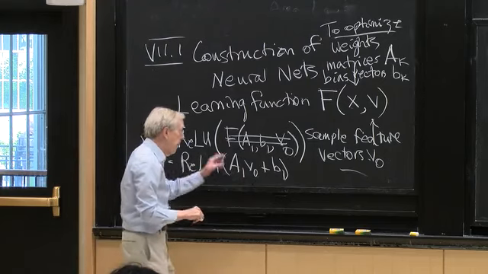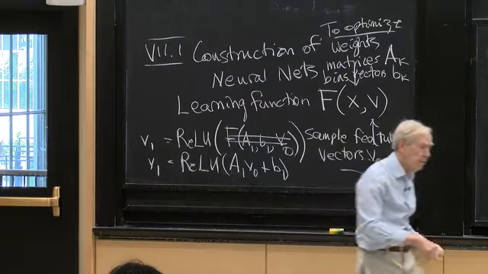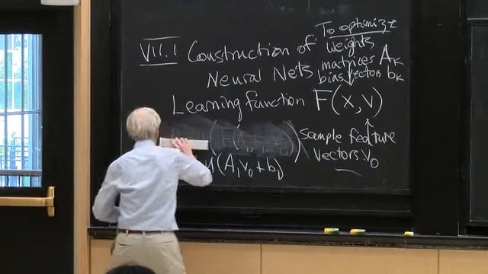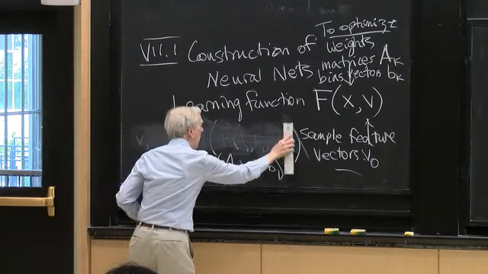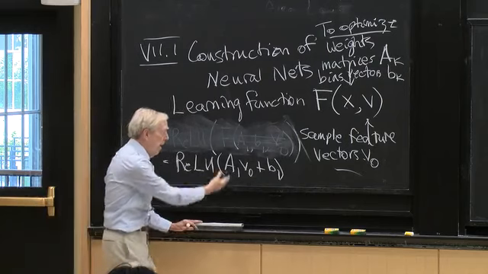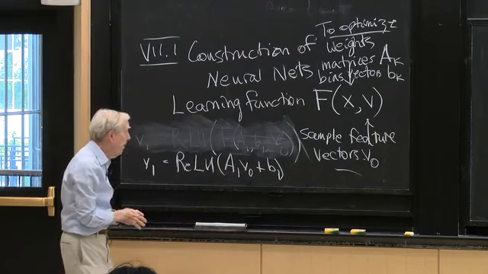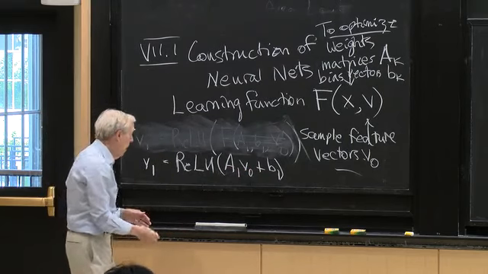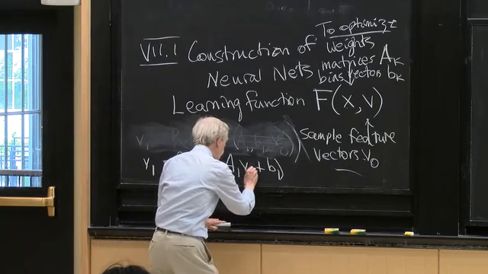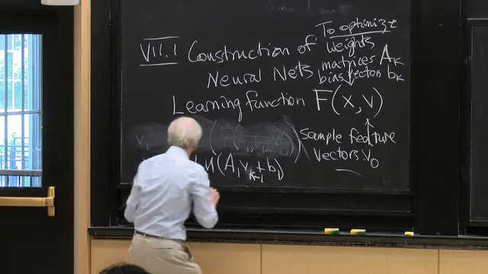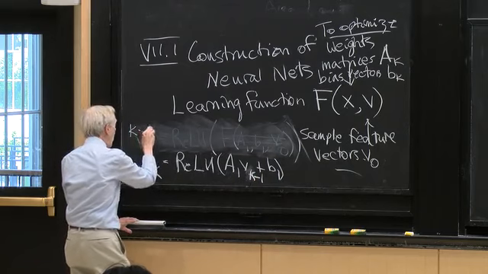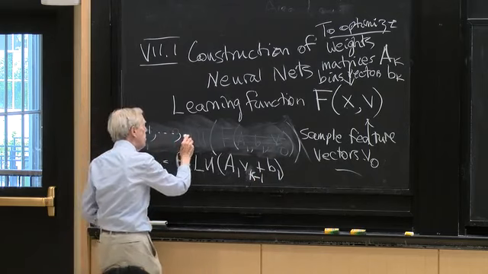So that's really better than my line above, so I'll erase that line above. So that produces V1 from V0 and the first weights. And then the next level inputs V_{k-1}, and I'll call the output V_k, for k equal to 1 up to however many layers you have, L layers.